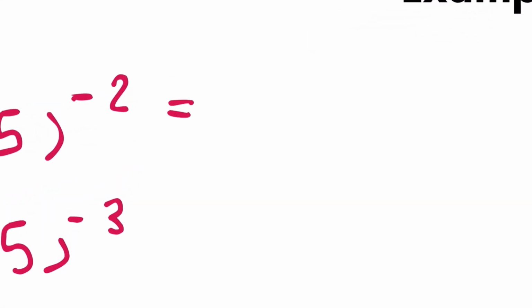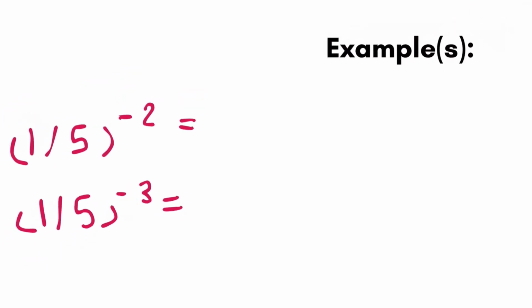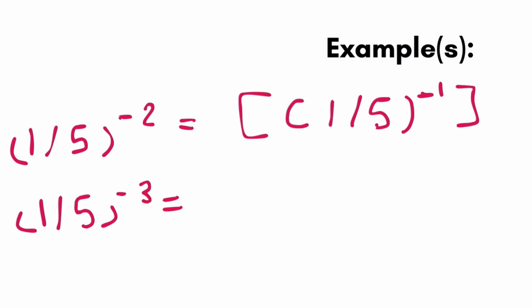So I can write it as 1 divided by 5, in big parentheses, smaller parentheses, 1 divided by 5 to the power of minus 1, all to the power of 2. Because minus 2 is the same as minus 1 times 2, right? Because these two will multiply.